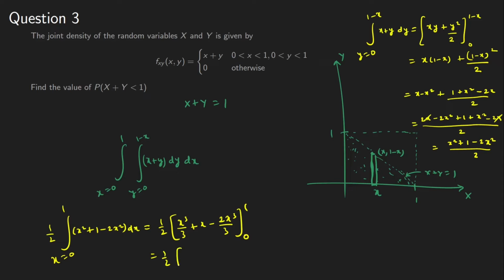So finally, if you do this, you will find it equal to 1 minus 1 by 3. So finally it will be 1 by 3. So this is the probability that x plus y will be less than 1.